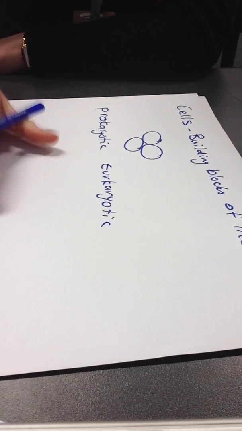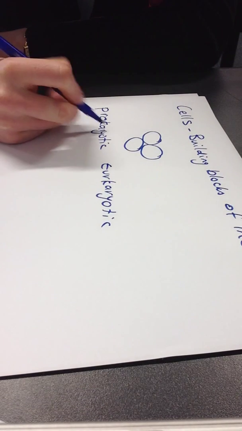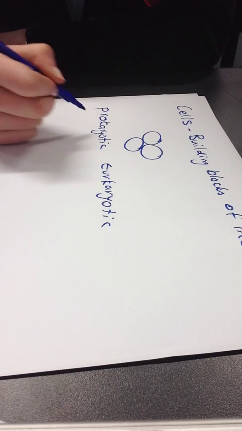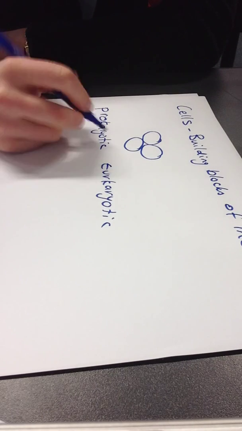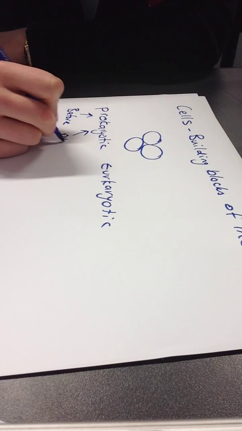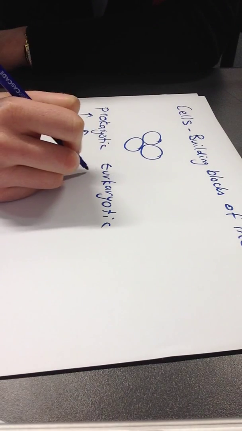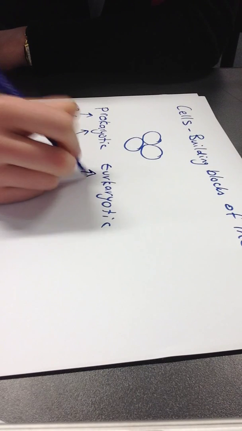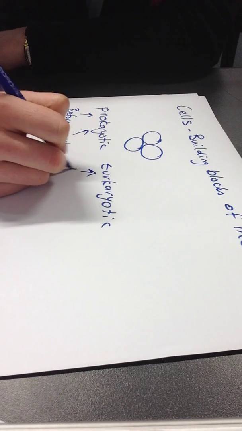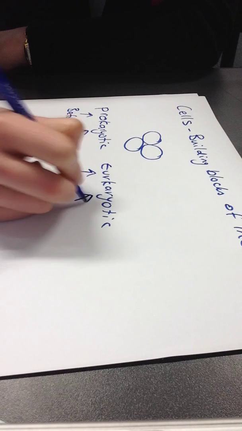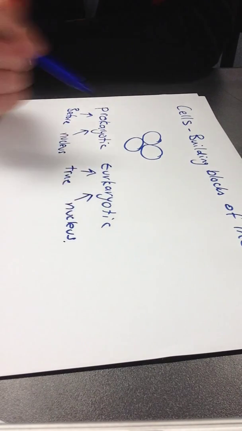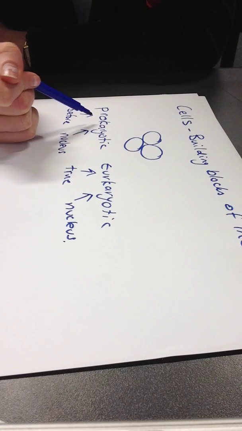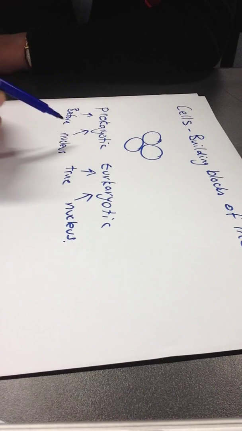Okay, so if we take the word prokaryotic apart, pro means before and karyotic means nucleus. Eukaryotic, eu means true, and karyotic means nucleus. Okay, so we've got two different types of living things. We've got prokaryotic things, so these are the things that don't have a nucleus.